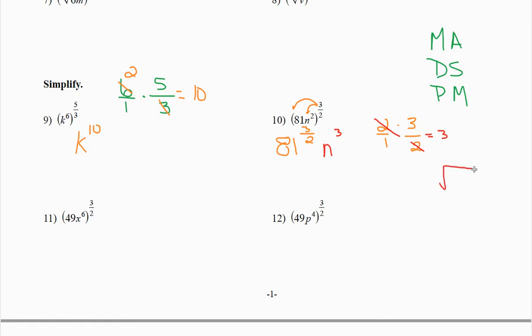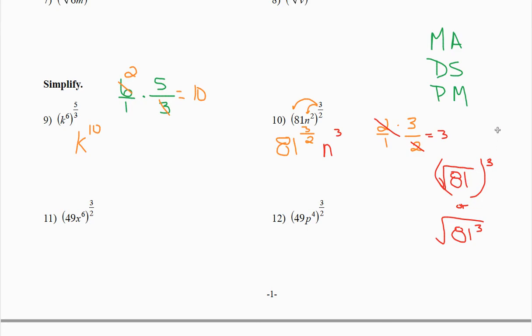So we could do the square root of 81 to the 3rd power, or we could do 81 cubed and then do the square root of it. Now, I know what the square root of 81 is. I don't know what 81 cubed is. So I'm going to go with this option.